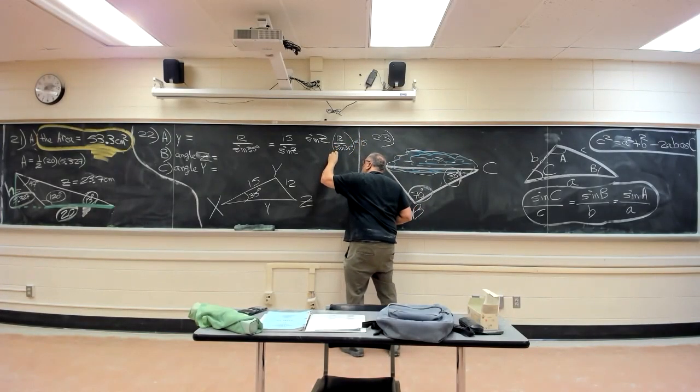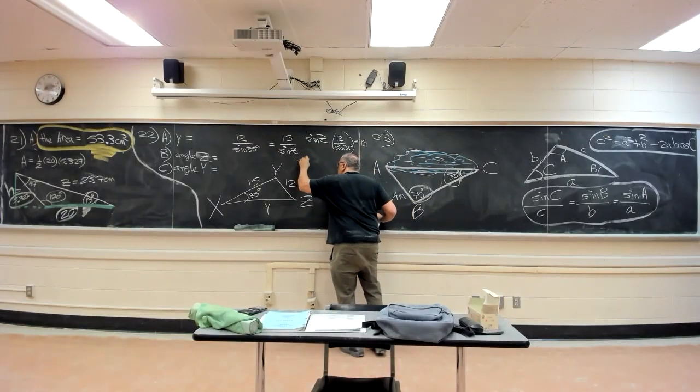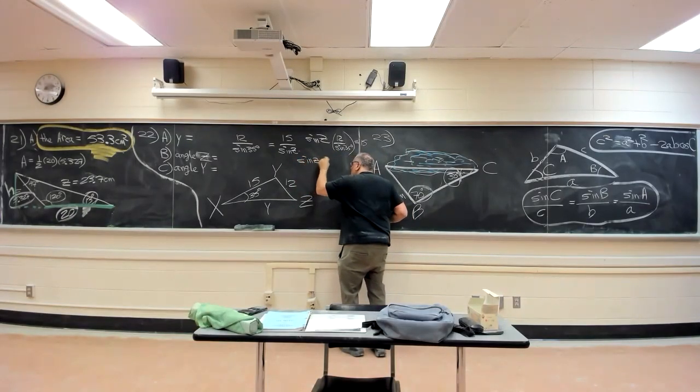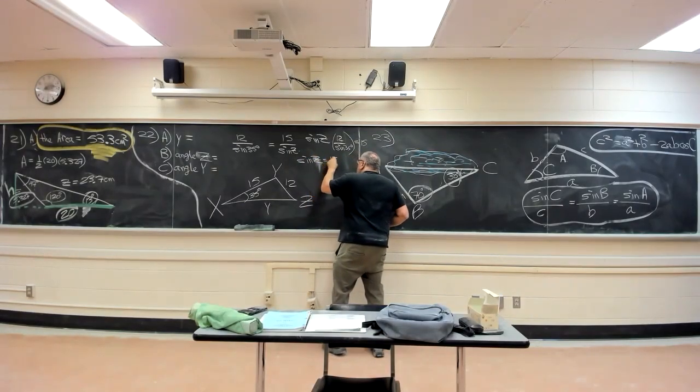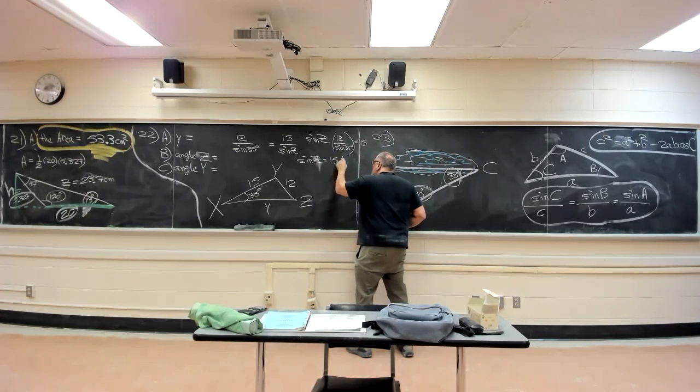Multiply by the reciprocal of this on each side. You got sine of z, big Z. Sine of big Z equals 15 times sine 35 degrees over 12.